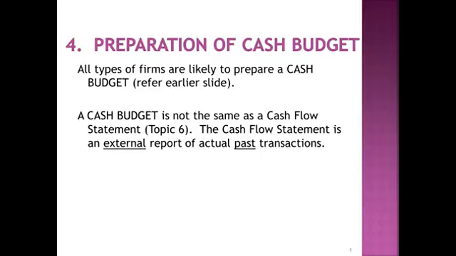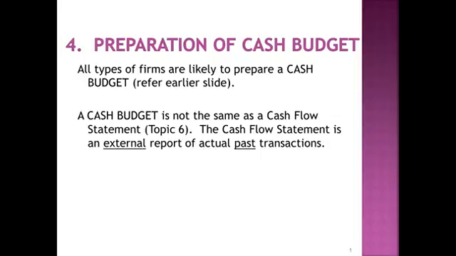As we've already spoken about, all types of firms are likely to prepare a cash budget, and that's because cash is such an integral part of running our business. Just make a note that a cash budget is not the same as a cash flow statement. The cash flow statement we did in topic 6.